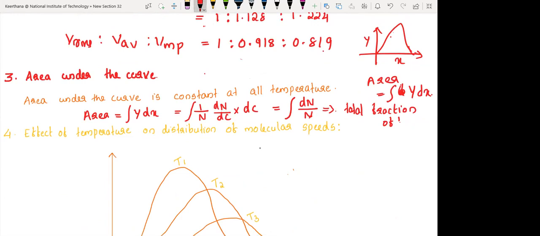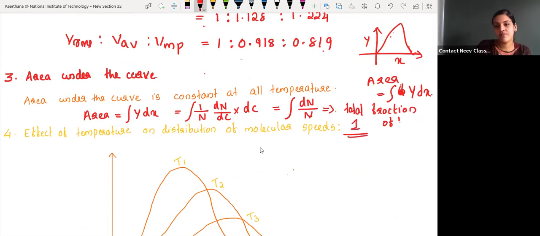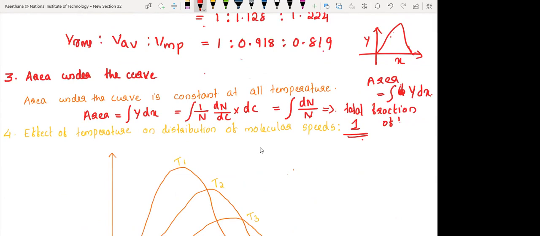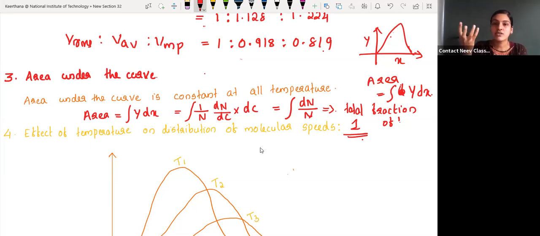Will it be ln n or something? After all the calculation, you will get 1. Since n in the last integral is a constant, you bring it out, it's 1 by n. And then dn integration is just n, so n by n is 1. Or it is the total fraction, the maximum value which we can get.